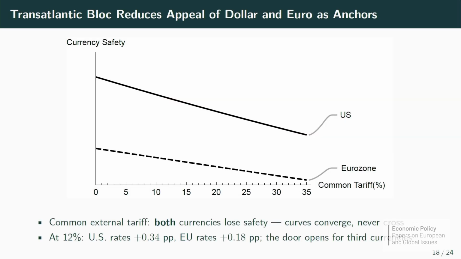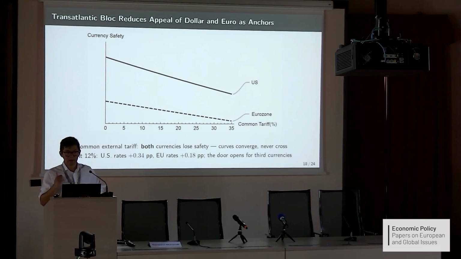Perfect. All right. There are two caveats that we want to mention now in the last 5 minutes. First, all of this analysis hinges on the fact that the Eurozone needs to stay open.